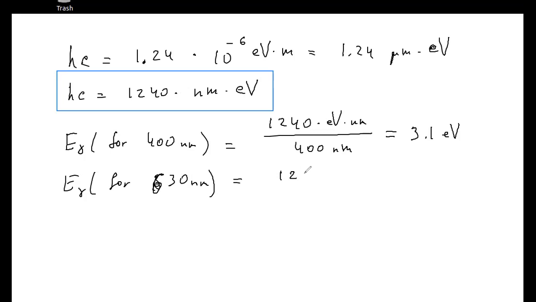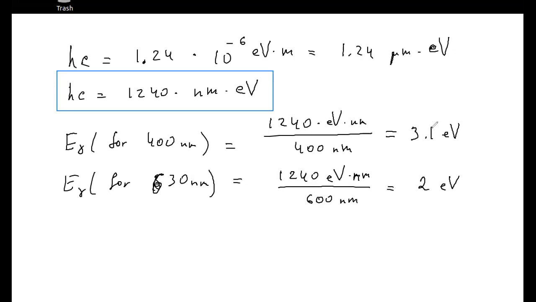So I got 1.968 electron volts. Can I just say 2? Yes, very close to 2. Everyone understands? Do you have questions about this?